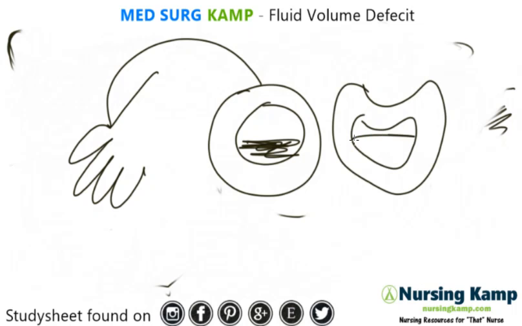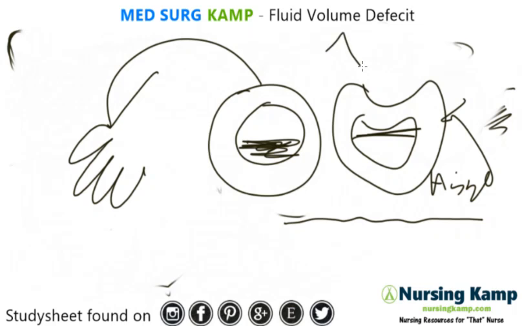We can't feel the fluid, so you're going to have this threadiness going through the pulse. So assessment with the thready pulse is dehydration.